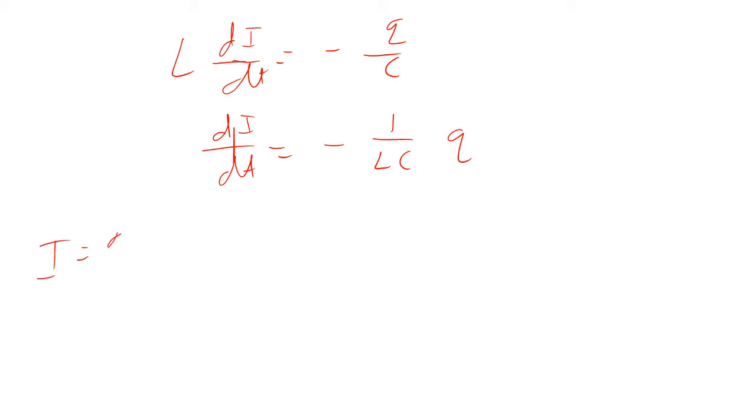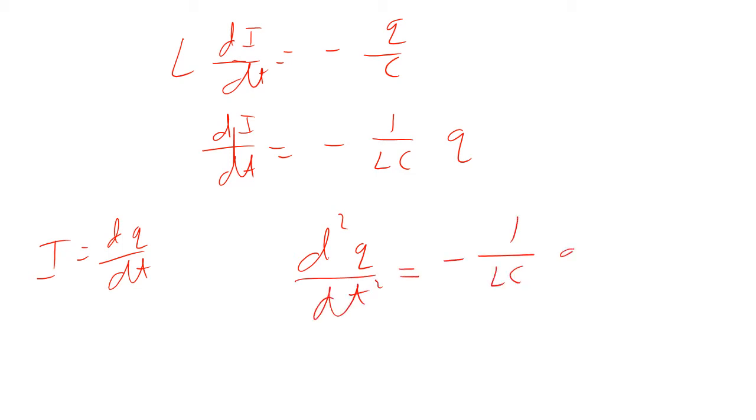So I equals dq dt. So that means that we have the second derivative of Q with respect to time equals minus 1 over LC times Q. And so we want to solve that equation.